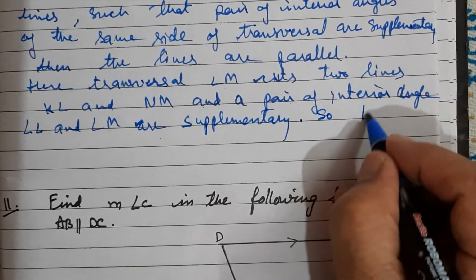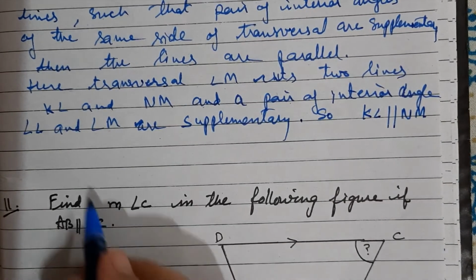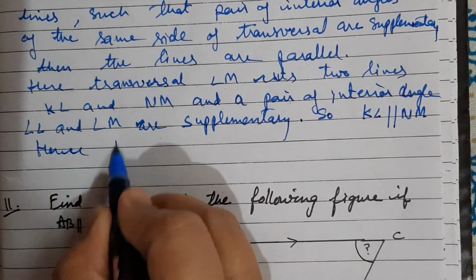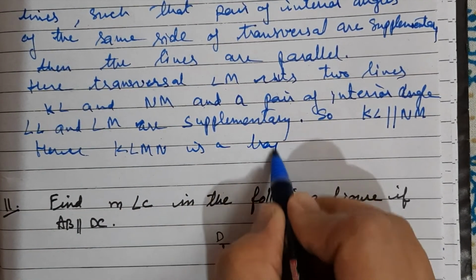So KL is parallel to NM. Hence KLMN is a trapezium.